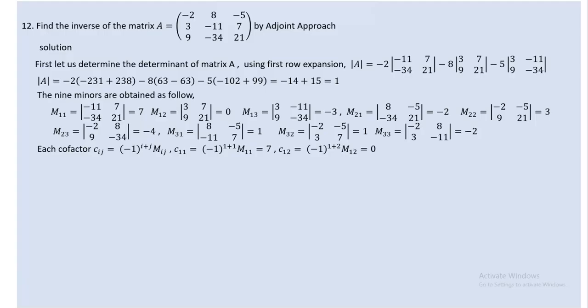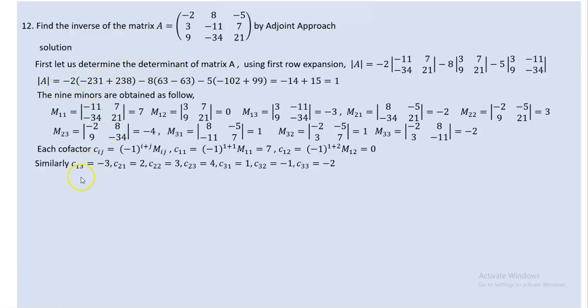Now let's come to C12. Mind you that 1 plus 2 is 3, so -1 to the power of 3 makes negative. So you are having negative M12. In fact, M12 is 0, as you see above, so -1 times 0 is 0. But had it been different from 0, we could have taken the negative into account. So do like this for the rest.